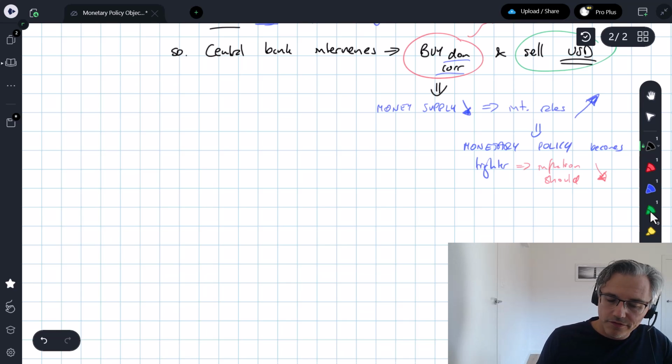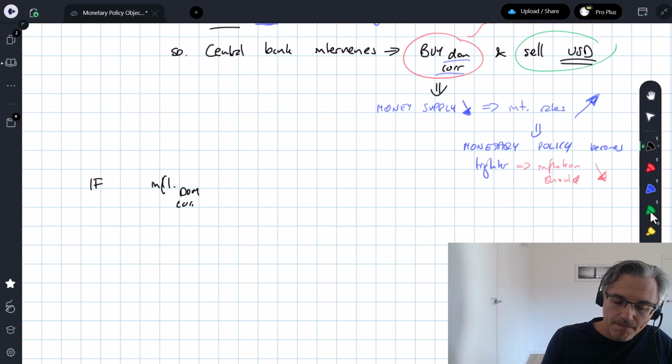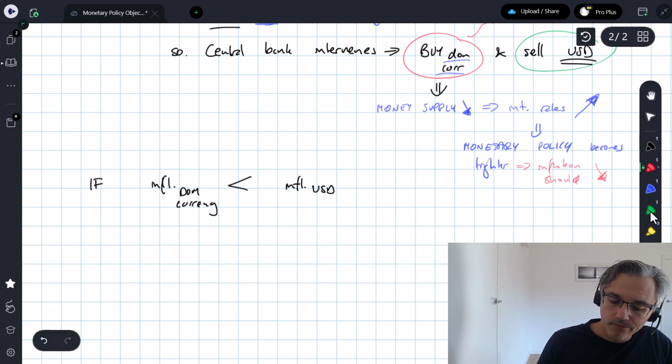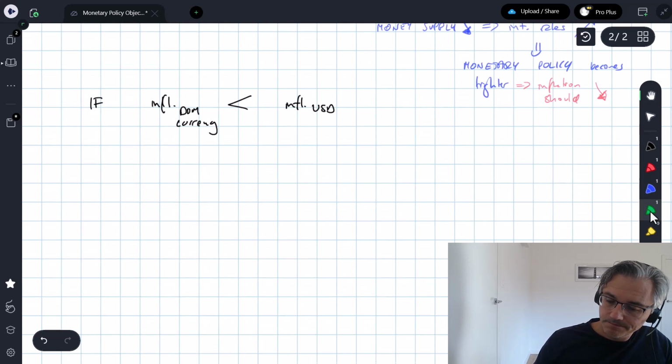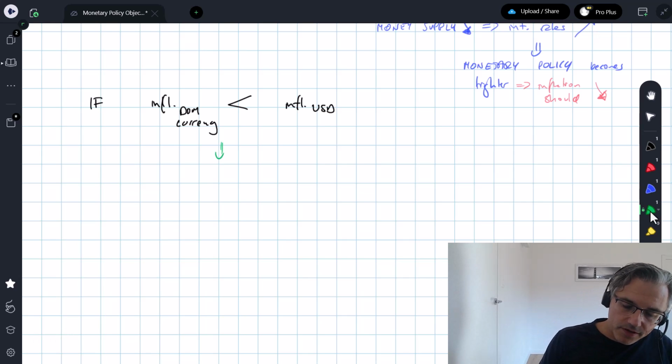Now, if the reverse is true, if inflation in the domestic currency is actually lower than inflation in the US dollar, then what the central bank will do is the reverse. But let's go step by step.